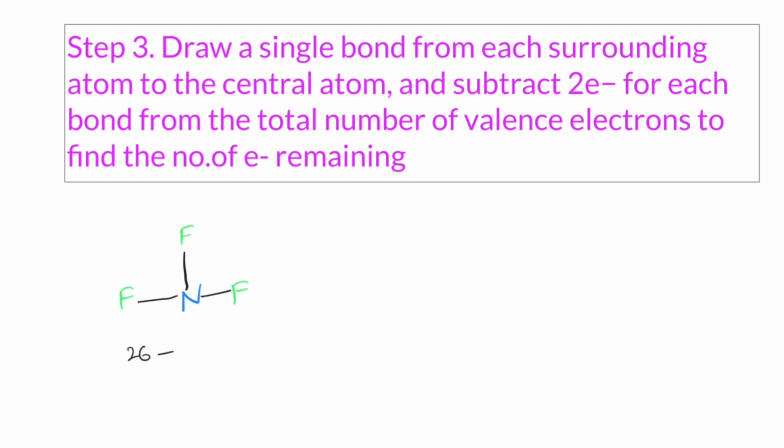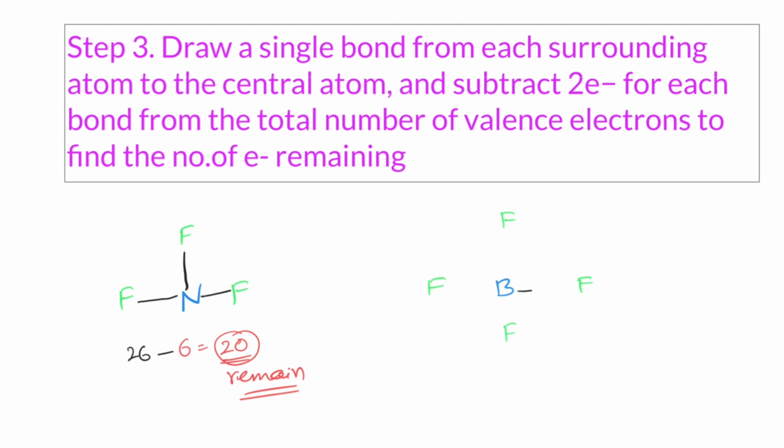Then how many electrons will I get remaining? 20 valence electrons remain. These many remain. Next one, here boron, then I have fluorine, fluorine, fluorine, fluorine.